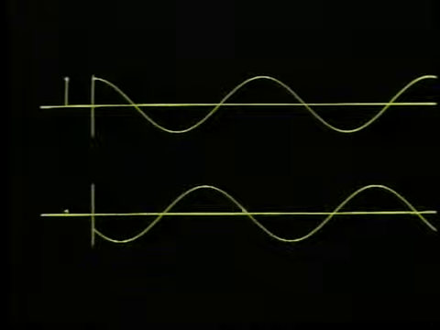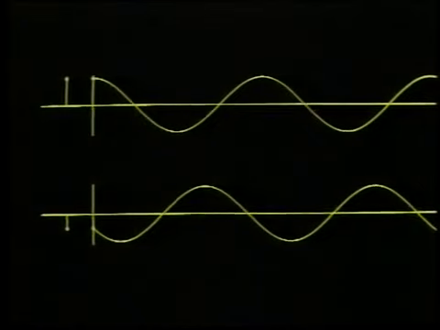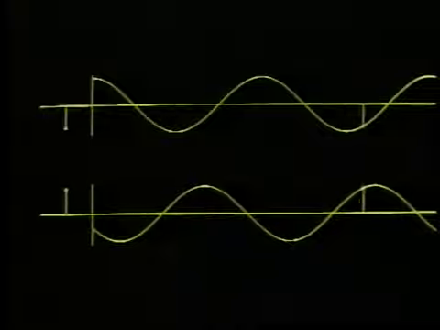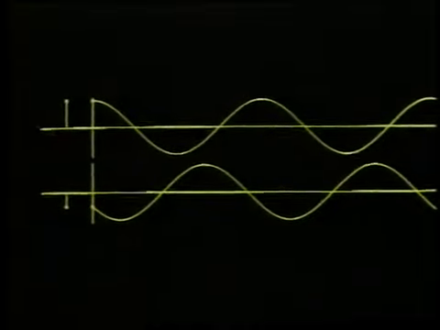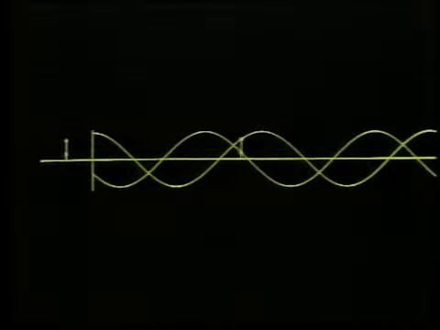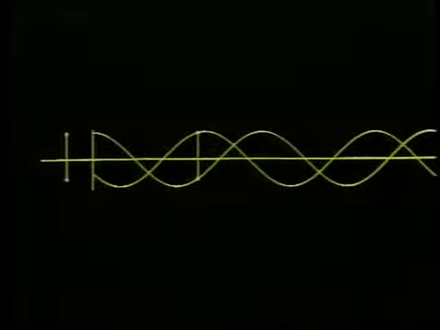This curve also gives an alternating current. But this current alternates differently from the first. What will the sum of these two be? Well, it alternates, and it's not 0.